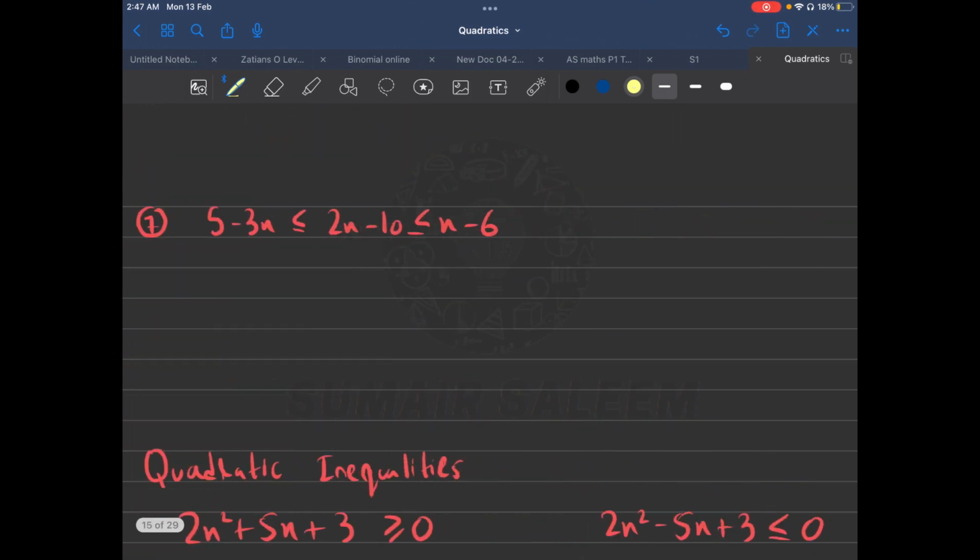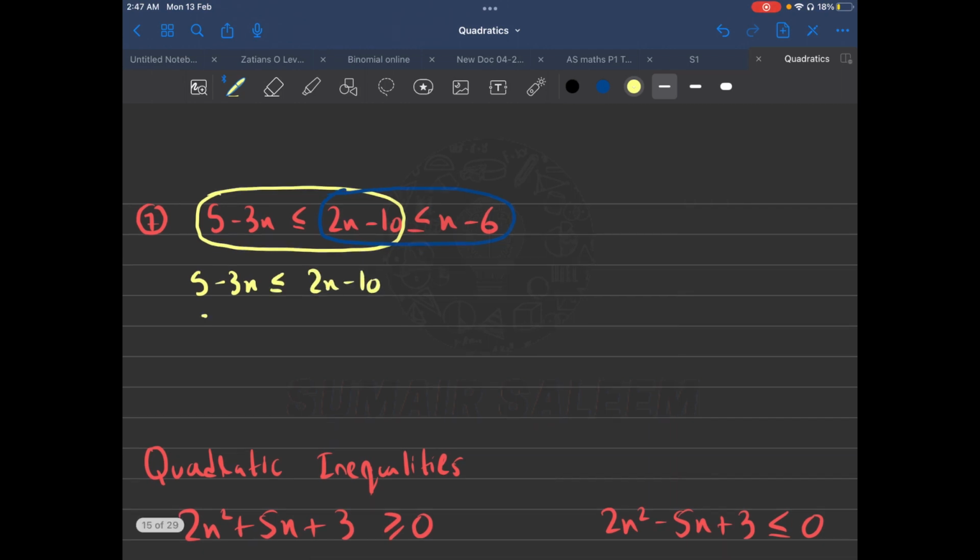Now, let's proceed further. Now, this is a two-sided inequality. In a two-sided inequality, you break it into two parts. So 5 minus 3x less than equal to 2x minus 10. Then minus 3x minus 2x less than equal to minus 10 minus 5.